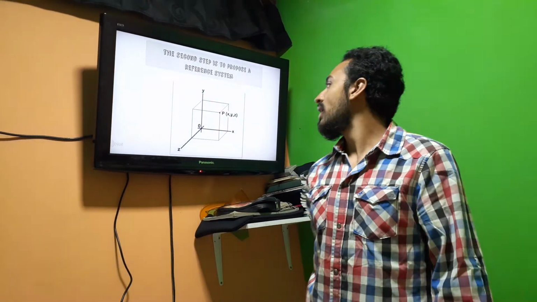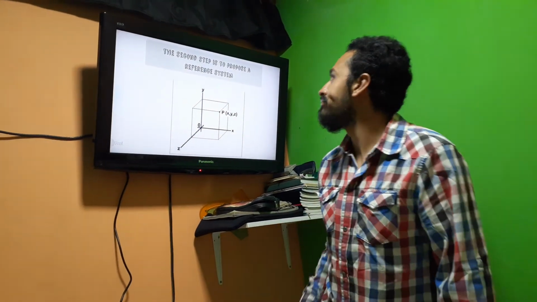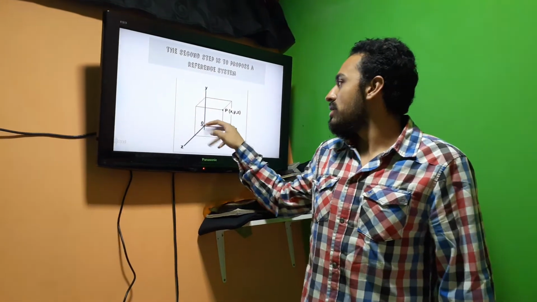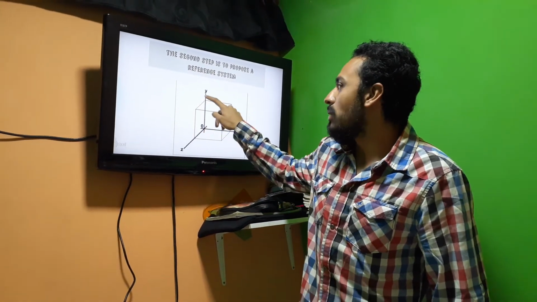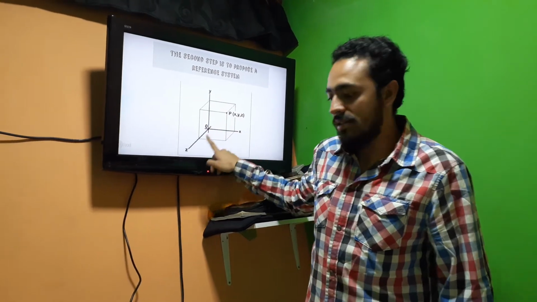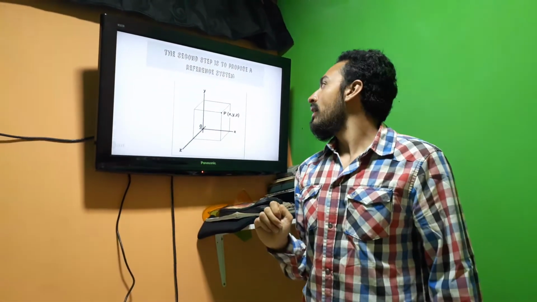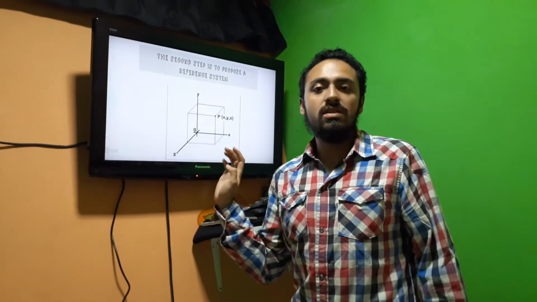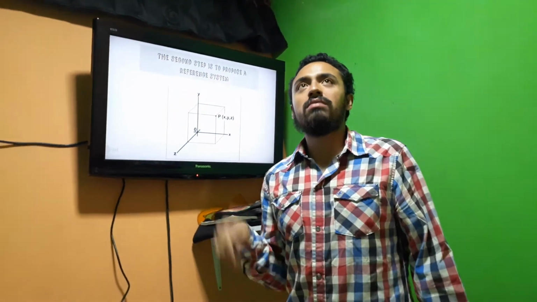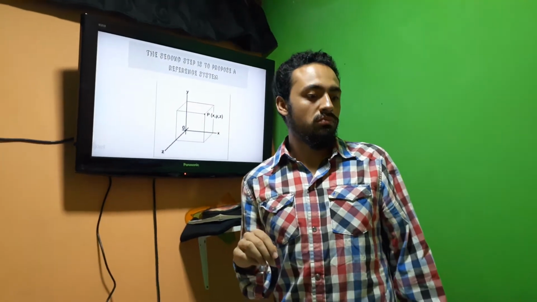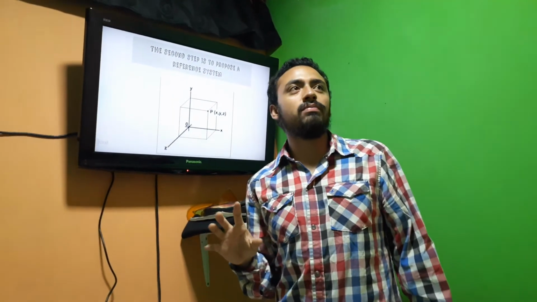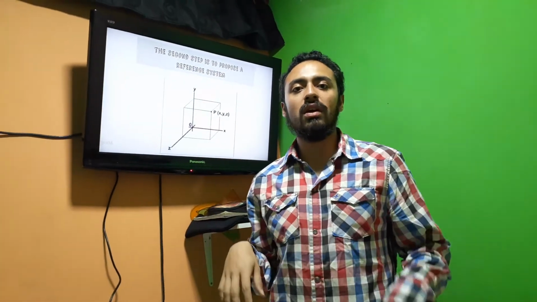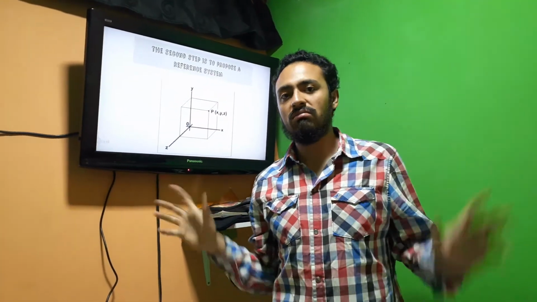The second step is to propose a reference system. This is axis y, axis x, axis c. This is proposed for the location of the object in space.